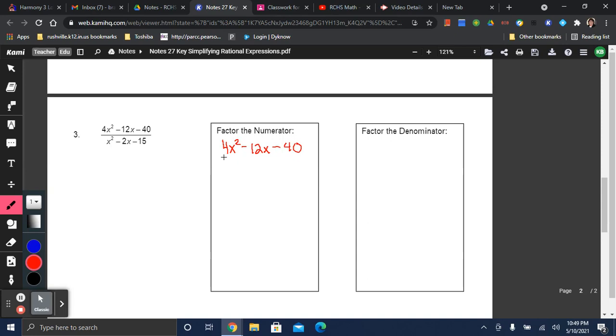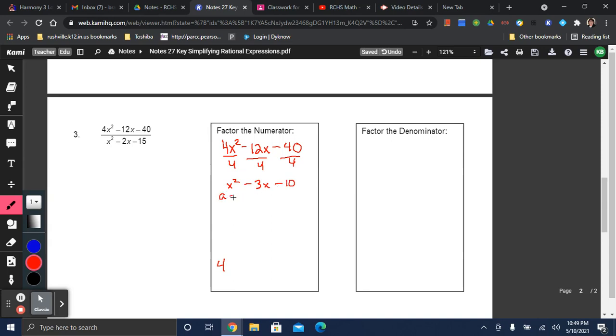And as I'm writing those, I'm noticing that each one of those can be divided by 4. I can divide each one of them by 4. And so 4 is going to be one of my factors at the end of the problem. This is going to give me x to the second minus 3x minus 10.